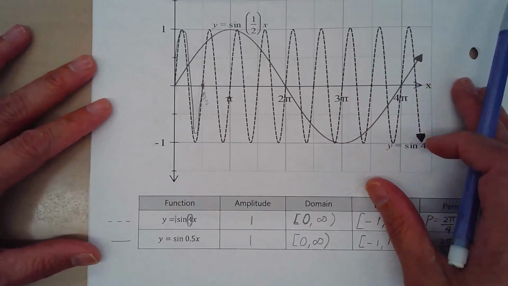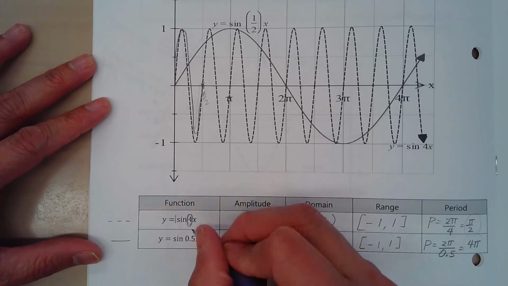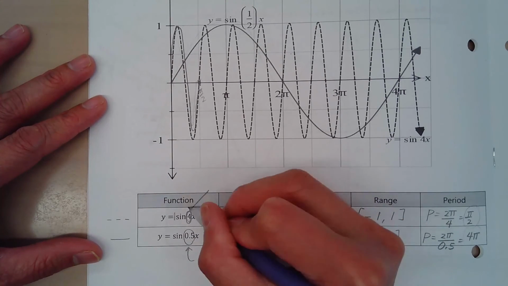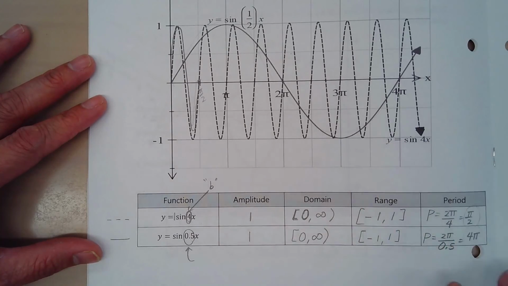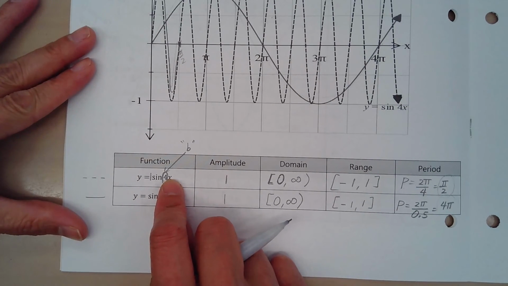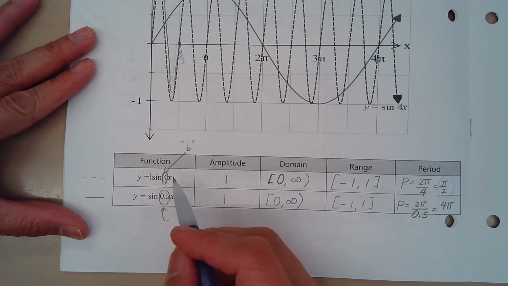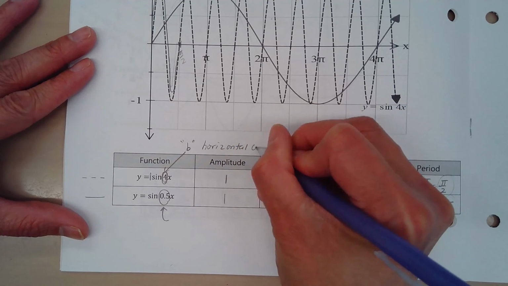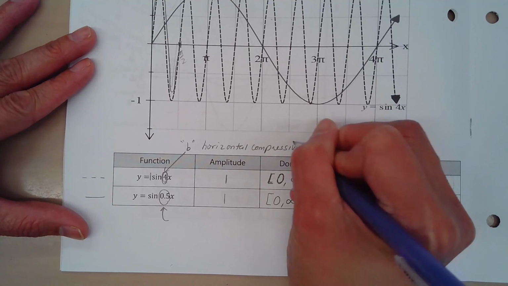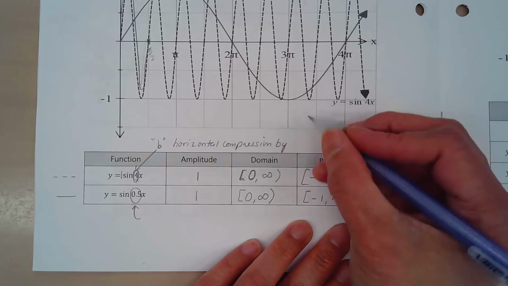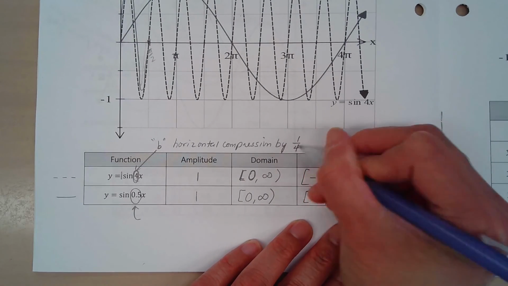So now let's see if we can use the terminology here. This is your b. How can we describe this in words? Is this a horizontal compression by 1/4?